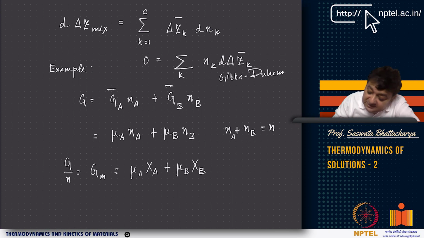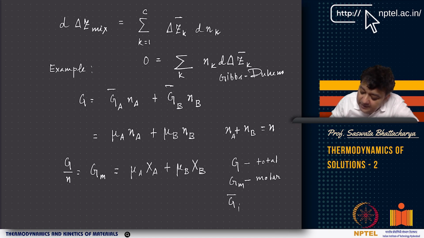If I write total G, this is in joules. GM for a solution is per mole, so it is the Gibbs free energy per mole, the molar quantity. And when I write G bar i or mu i, that is the partial molar quantity.